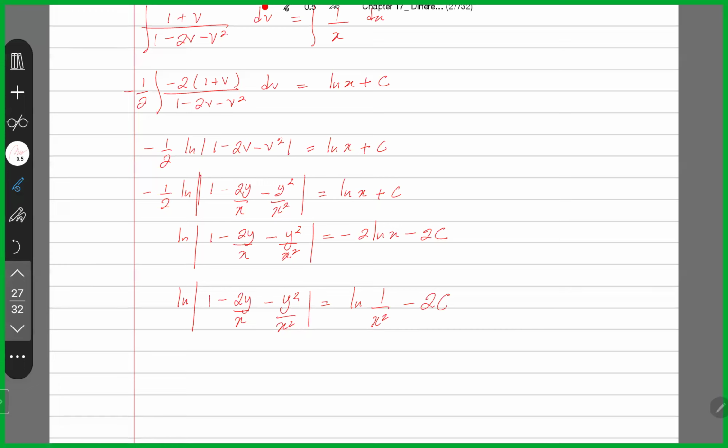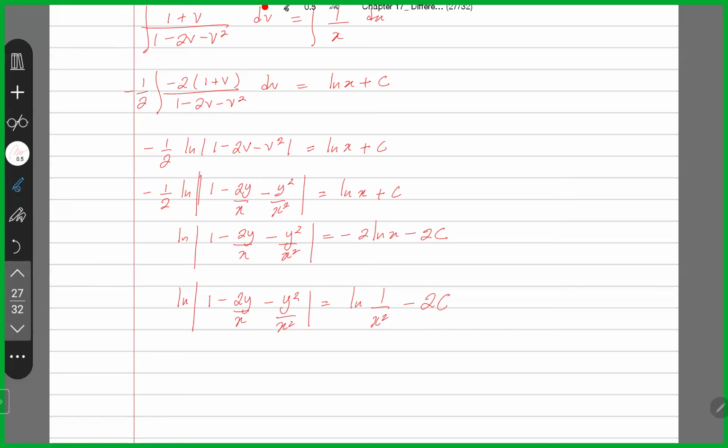So let's do the first part of the question. If y depends on x and x is equal to e to the u, we're to show that x squared d2y by dx squared is equal to d2y by du squared minus dy by du.